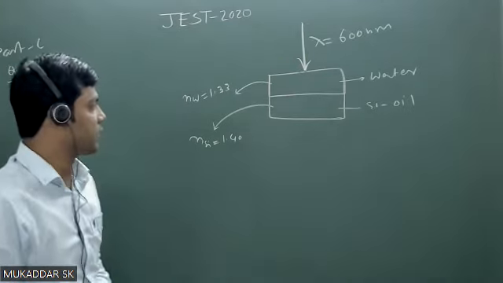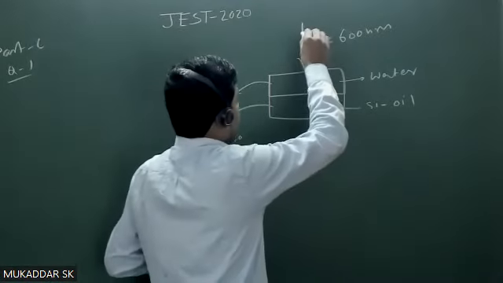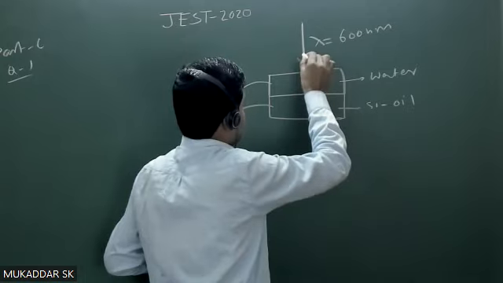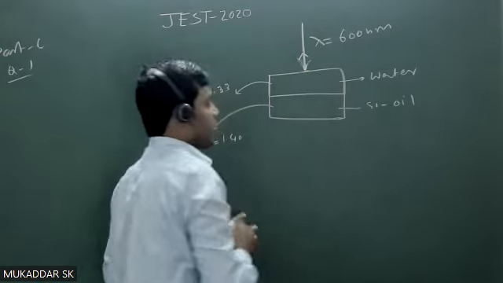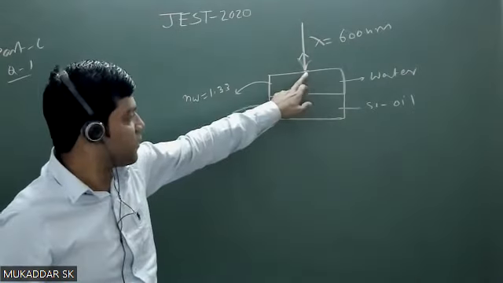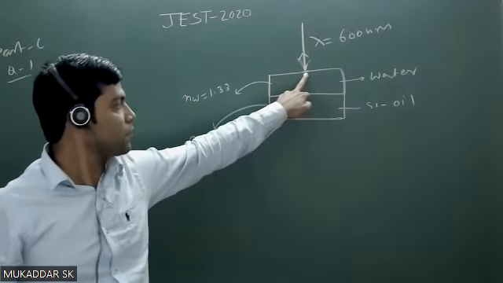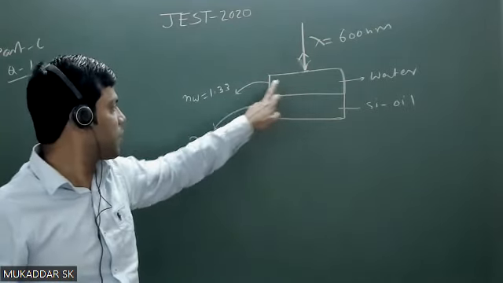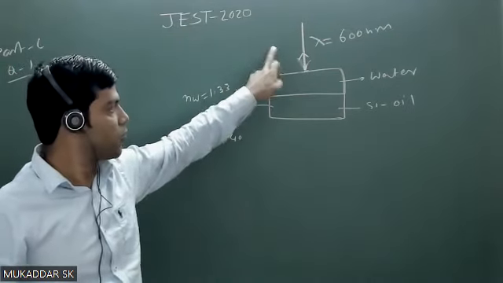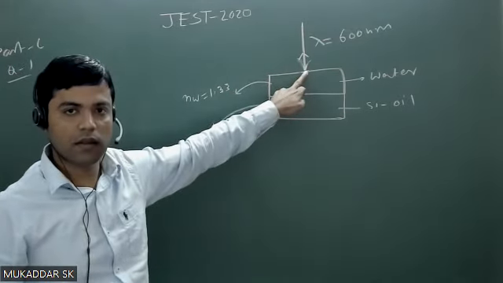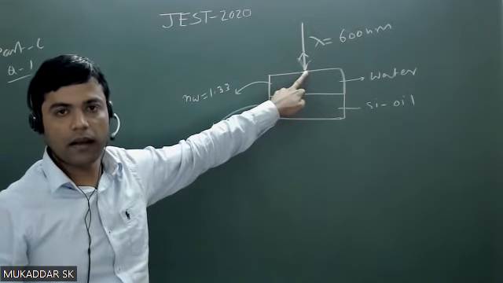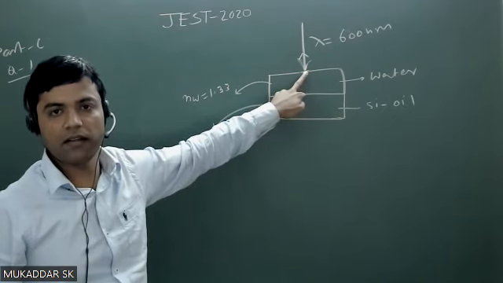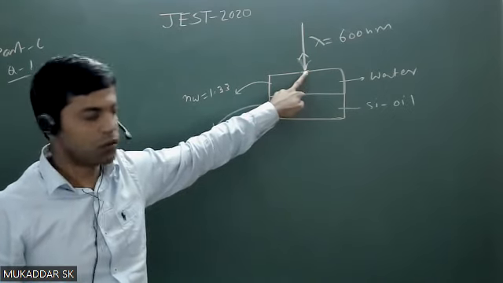When light is incident, some portion is reflected from this interface, and this can be thought of as reflection from a denser medium, because you have air on one side and water on the other. The refractive index of water is higher than air, so we get an extra phase of lambda by 2.